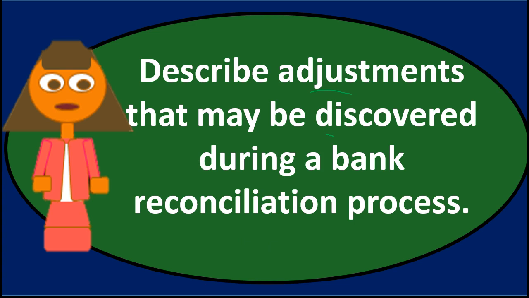If there's any kind of errors in the recording of checks, if we wrote the check for $100, or we recorded it at $100 and it should have been recorded at $150, then of course we'll have to make an adjustment for that as well. Typically the bank will probably be correct because that's how much money came out of the bank, 150, and in our books we only had 100, so we'll have to make the adjustment there.